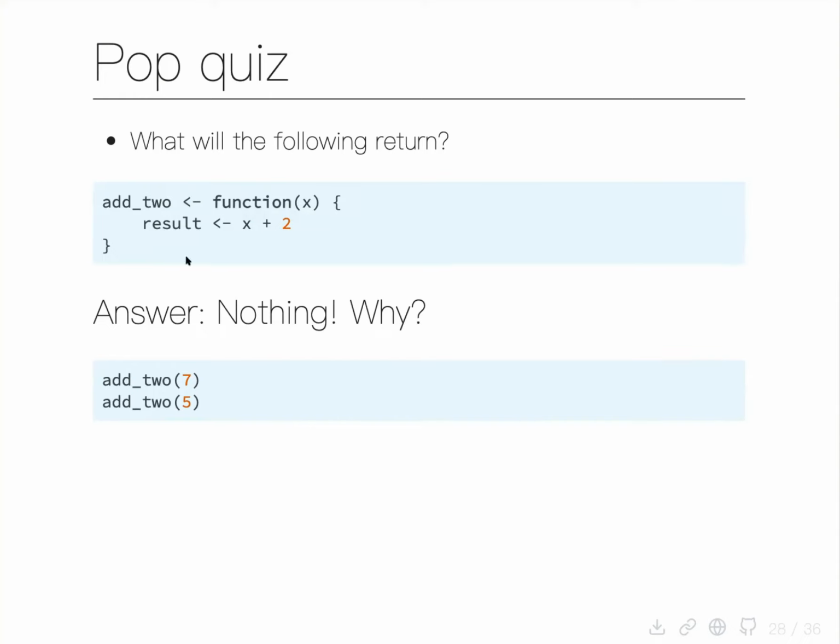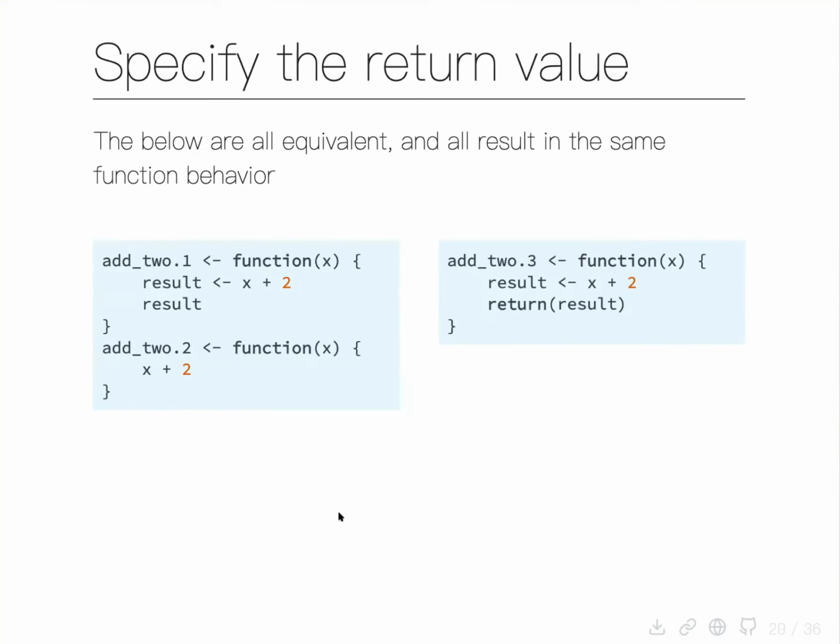So we are storing the result to result, but we're not actually returning the result. We're not saying this is the thing that should be printed, right? And actually what's interesting is if we had stored this to an object, that object would contain the result, but it won't print it to the screen. This function will never print the result to the screen. So that's generally not what we want to do.